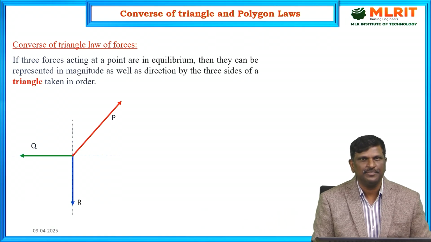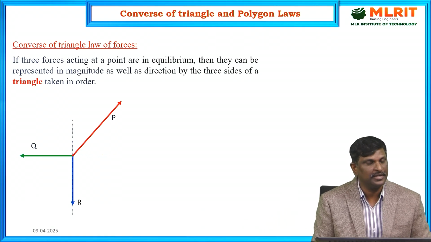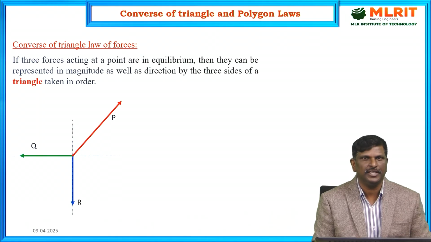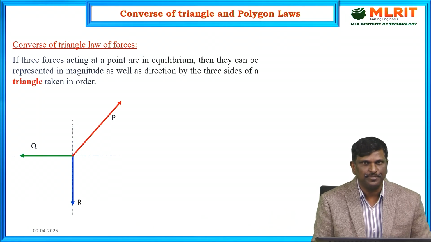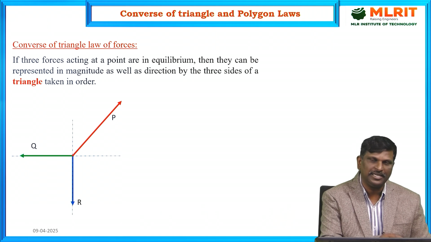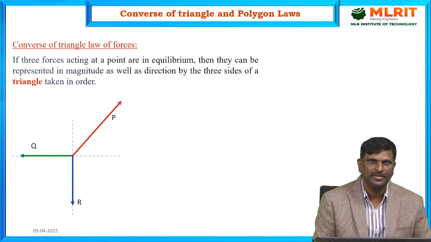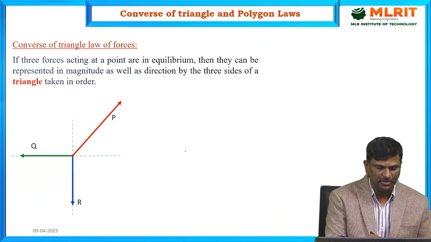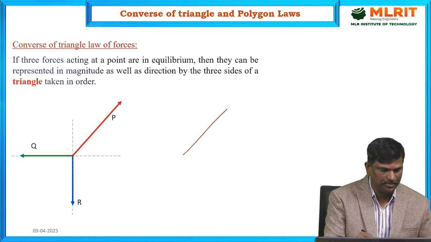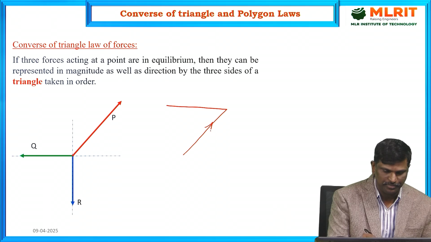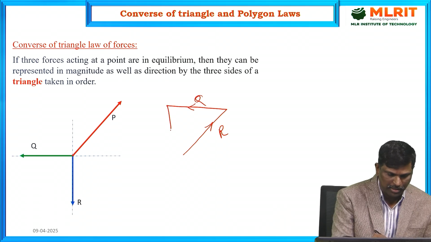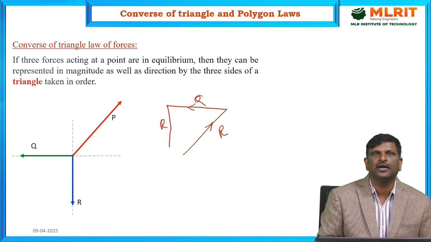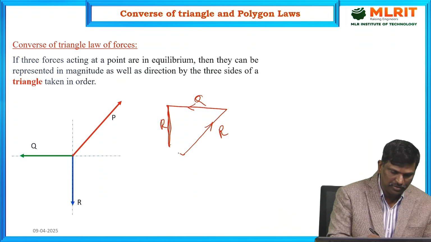We can understand the same statement in another way. If a body is under equilibrium by the action of three concurrent forces like this, then if you try to draw the force polygon, that is force polygon P, Q taken in order, P, Q and R, see, the closing side of the polygon in opposite order gives us the resultant.